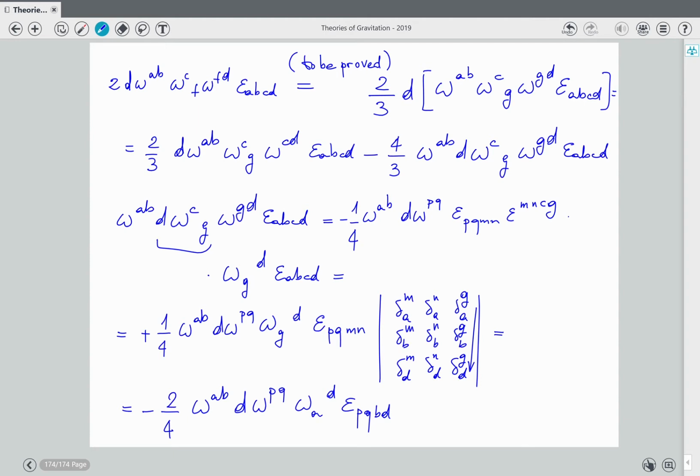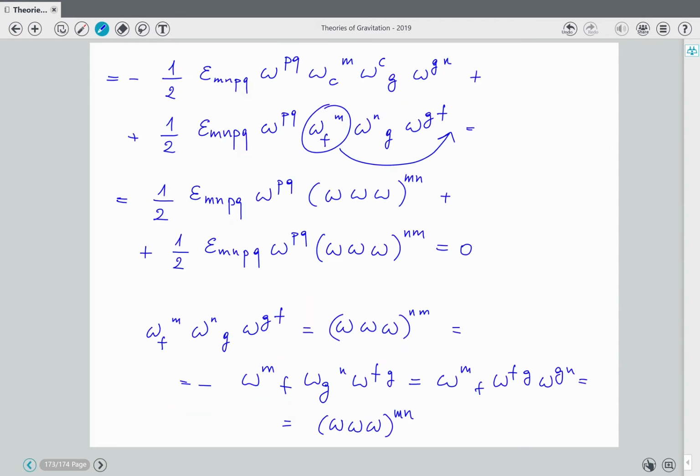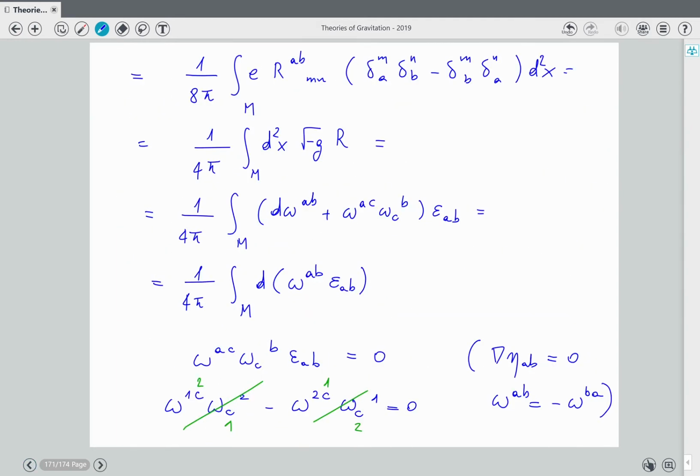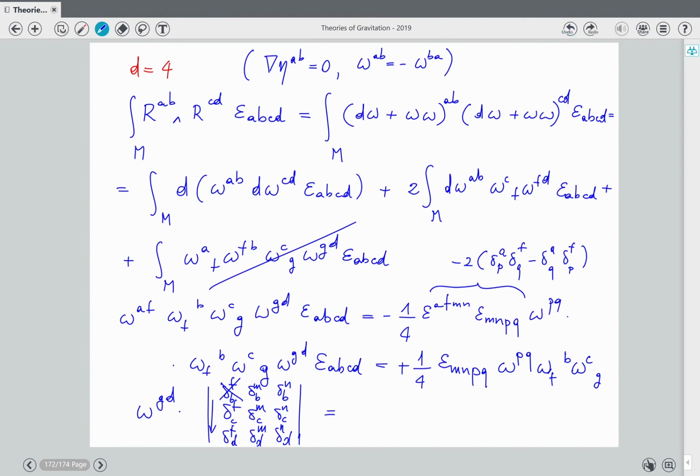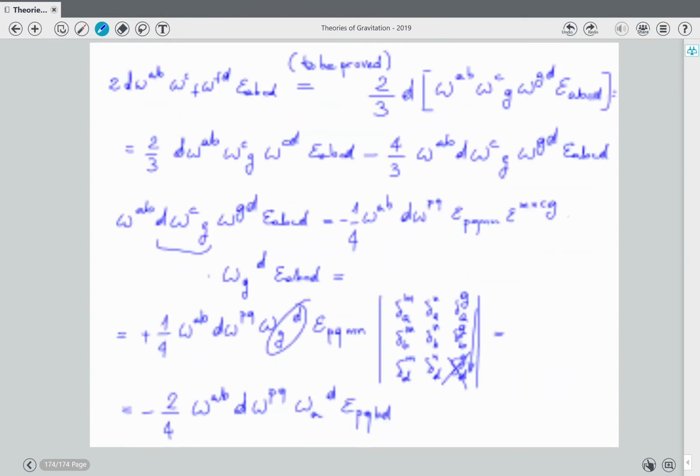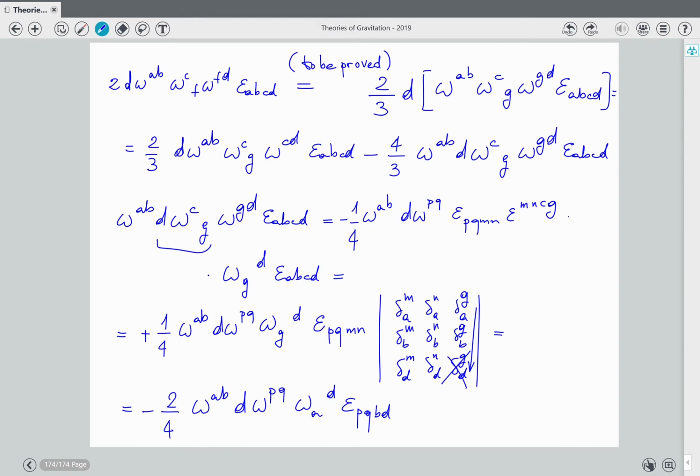Then we have delta GB. Oh yes, there is one contribution that disappears, by the way, the third one, delta GD. Delta GD will contract the indices G and D, and remember that we are using the metric compatibility, so the spin connection is anti-symmetric. Which means that the third contribution is not there.